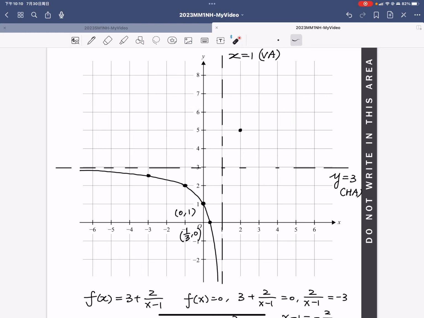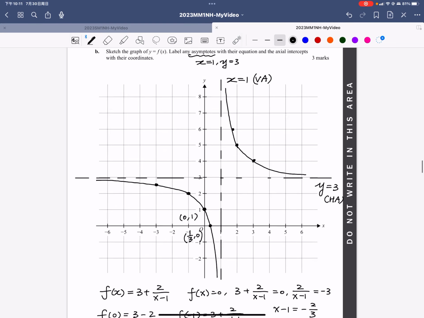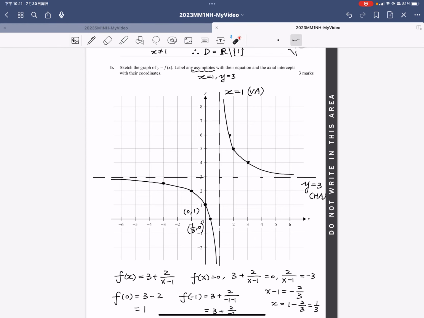Here, here, and here, I suppose. Finally, I need to make sure everything has been addressed. The axial intercepts, the asymptotes, good shape, well, reasonable. It's not perfect, but it's reasonable.